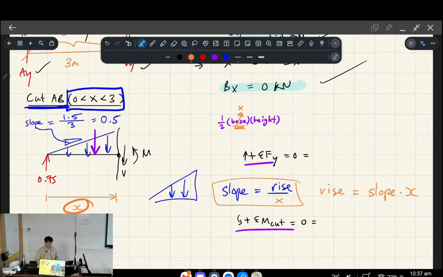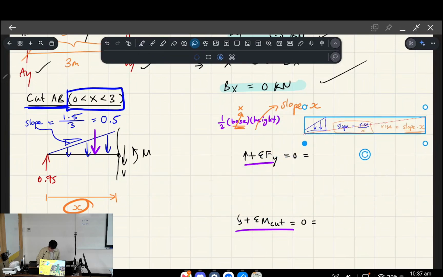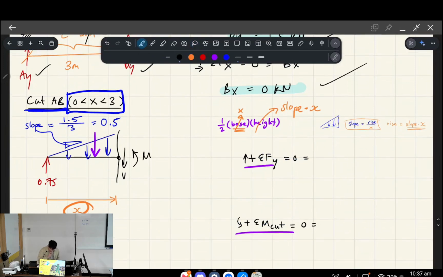So that's an expression that we can have for the height of the triangle. Sorry, I'm trying to find space for all my scribblings. So, in other words, this height that's moving, we can describe it with 0.5, which is our slope, multiplied by x.